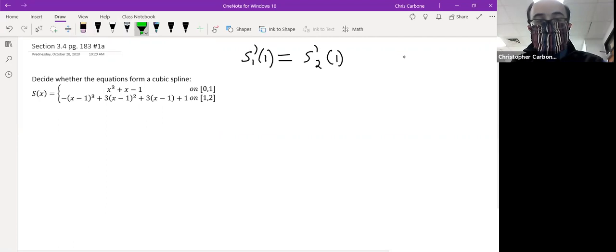It's this value of 1 because they share 1 in the closed intervals. So it's basically where they're overlapping.